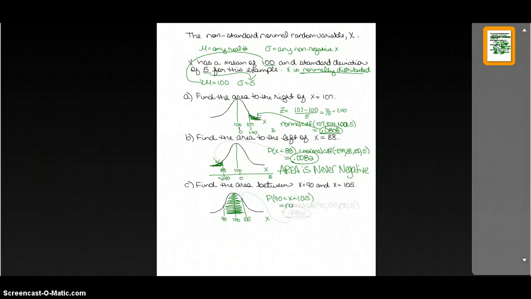And we want normal CDF. Our lower bound is 90, our upper bound is 105. Our mean is 100. Our standard deviation is 5. Oops, I made a mistake here.